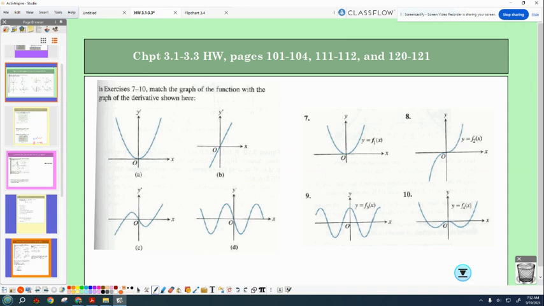Were you guys okay with matching these? So which derivative goes with the parabola?